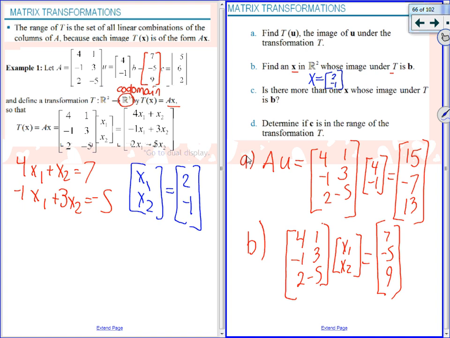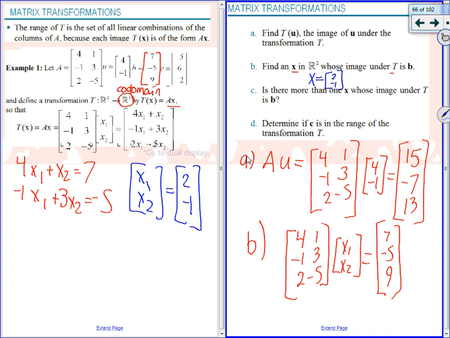So if you solve this system and you get 2, -1, and let's say 2, -1 doesn't work in the bottom equation. So 2 times 2 plus -1 times 5 doesn't equal 9.